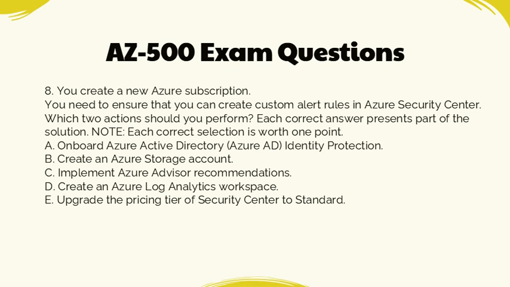A. Onboard Azure Active Directory, Azure AD, Identity Protection. B. Create an Azure Storage account. C. Implement Azure Advisor recommendations. D. Create an Azure Log Analytics workspace. E. Upgrade the pricing tier of Security Center to standard.